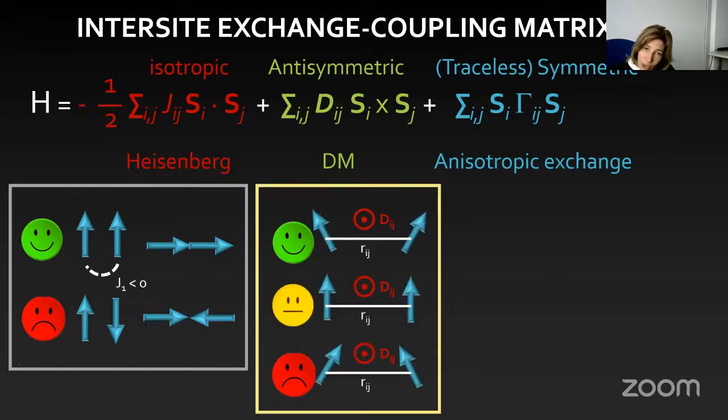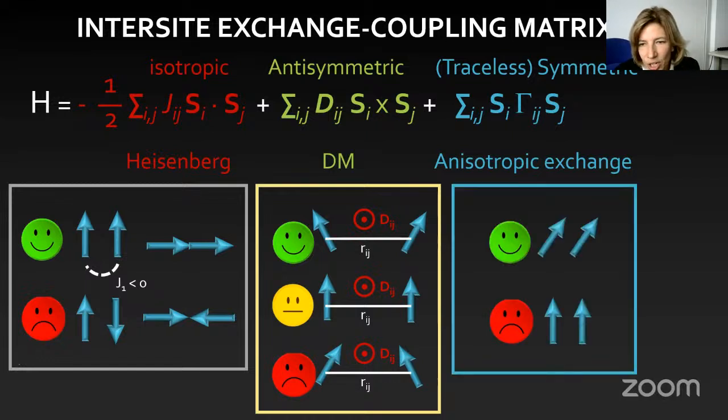The Dzyaloshinskii-Moriya interaction is a cross product, so it's zero for parallel spins, and it therefore tends to cant the spins, and so it's generally referred to as a chiral interaction. Depending on the sign of the D vector, the canting will be clockwise or counterclockwise.